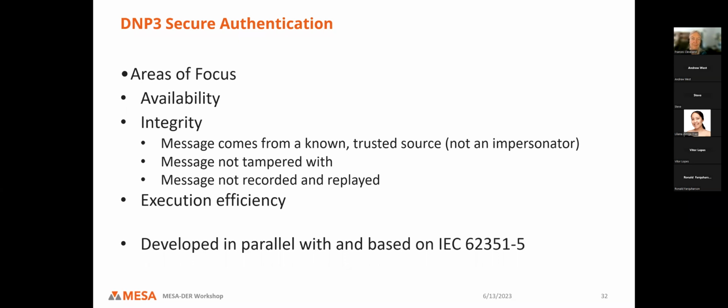We're also verifying that the message has not been tampered with in transmission, so that it has come from the trusted source and has not been modified in any way. And we're also verifying that the message has not come from a trusted source and been copied and recorded and then later replayed in order for a malicious actor to cause an action that was previously authorized to be repeated at a later time. So those are some of the integrity features supported by this technology.